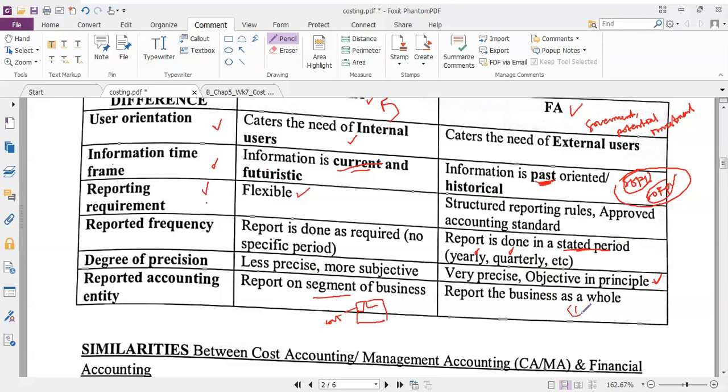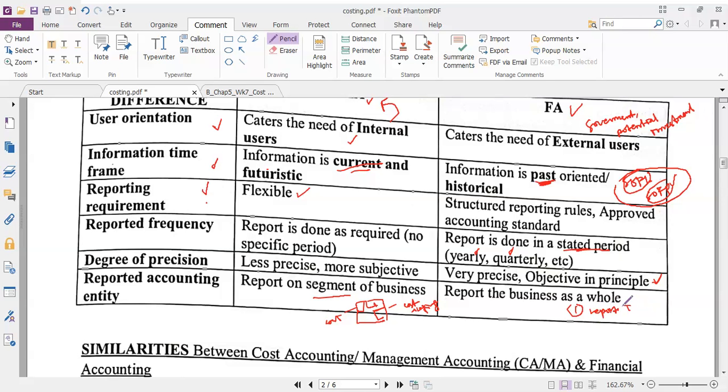Satu report saja. Kalau cost accounting, kalau ada banyak department, each department dia ada cost accounting punya report lah.